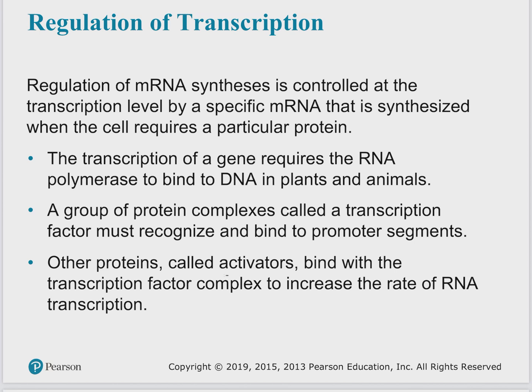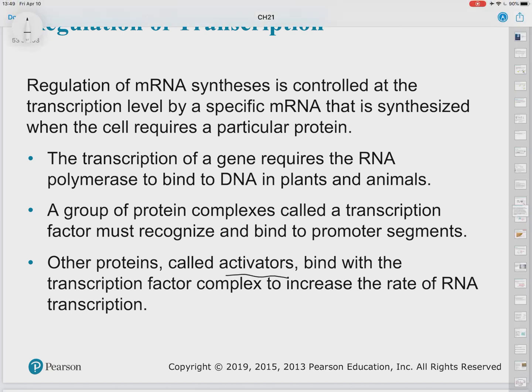Okay, let's see. So transcription is regulated a few different ways. One of those ways is by activators, which will actually go and bind to those promoter sites of the DNA. Let's say that your body's in desperate need of some new proteins. Let's say that you're deficient on some proteins, so you've got to turn on that gene.